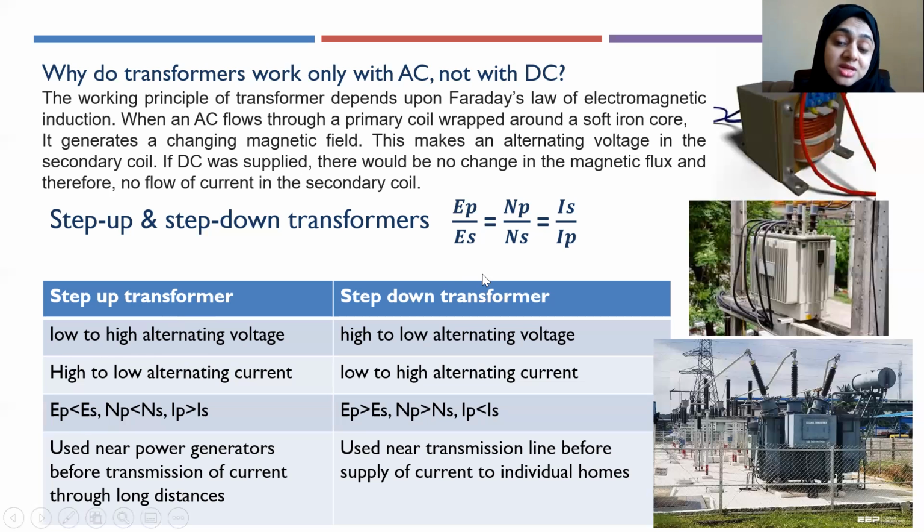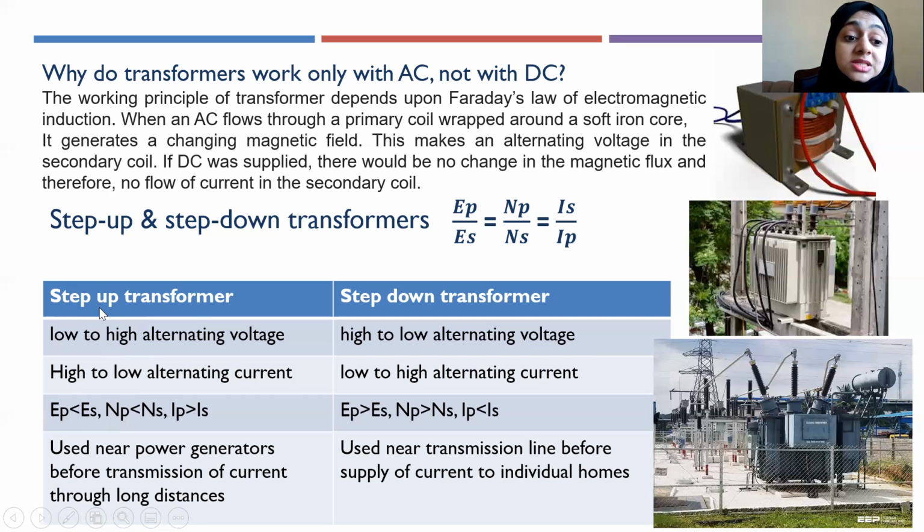So there is an inverse relation between current and voltage here. We want to reduce the amount of current, which means we will increase the amount of voltage. So low to high voltage. Then the current will become low.